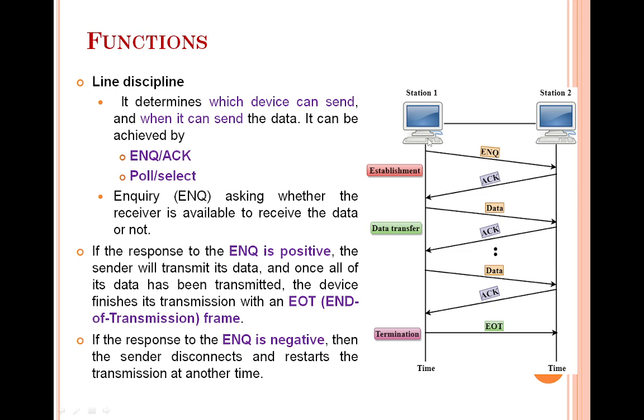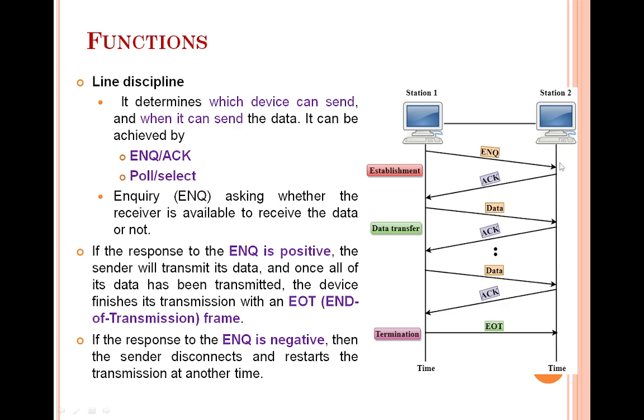If station 1 wants to transfer some packets to station 2, it has to send an inquiry message to the other station. It wants to know whether the receiver, station 2, is available to receive its data or not. That is why it sends the inquiry message to station 2.